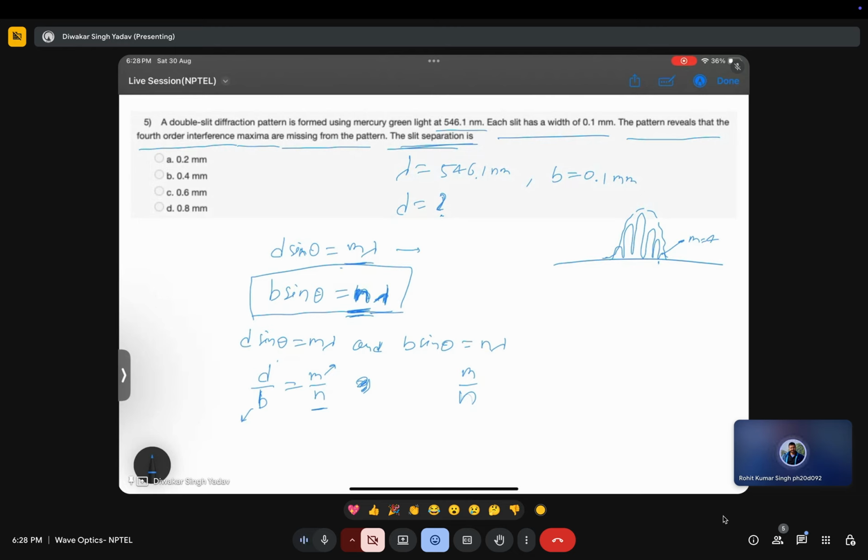And otherwise these two conditions will not get satisfied. We know that n can be an integer only.